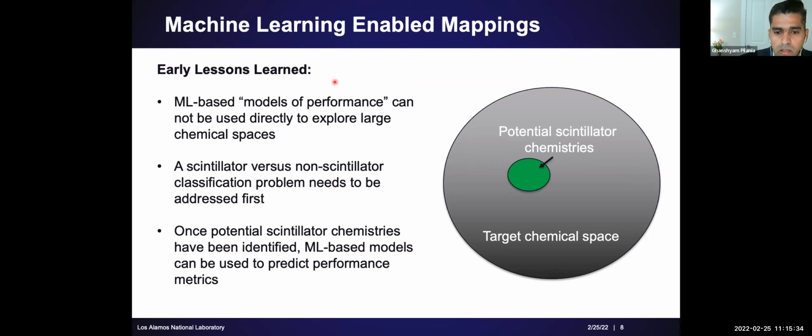And it turns out that in that case, you don't really get a good accuracy, because the amount of data required to make a general model that is able to separate scintillator and non-scintillator chemistry, regardless of crystal structure or composition, requires much more data than we have today. And so again you fail.